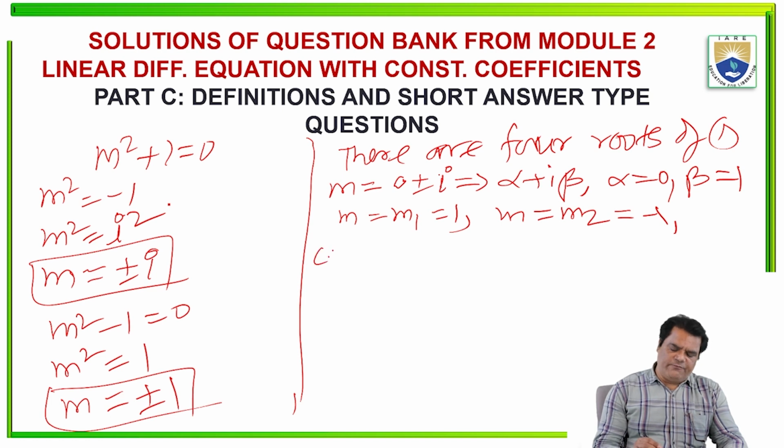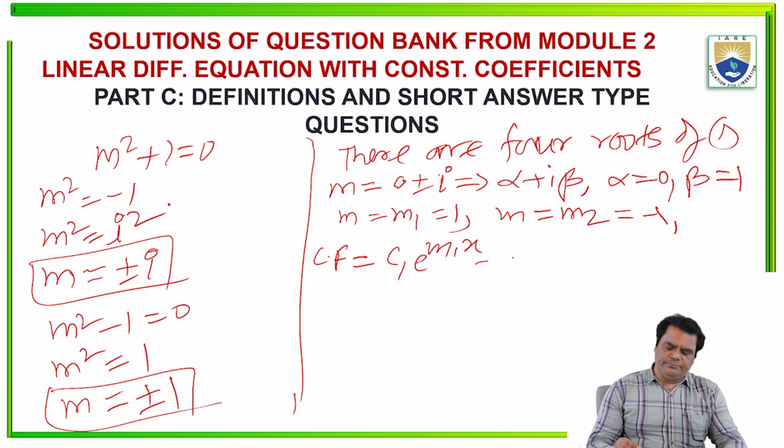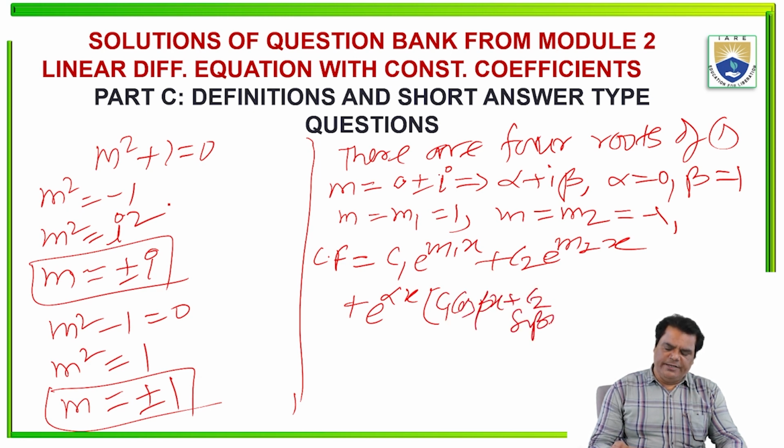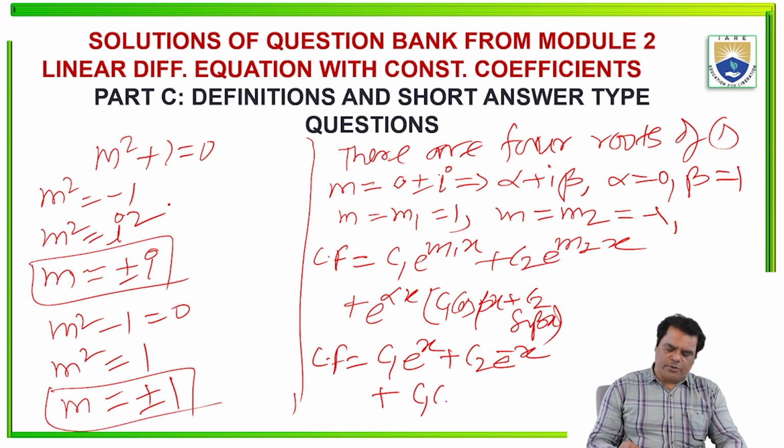So we apply the formula for CF: CF equal to C1 e to the power m1x plus C2 e to the power m2x, plus e to the power alpha x into C1 cos beta x plus C2 sin beta x. So CF equal to C1 e to the power x plus C2 e to the power minus x plus C1 cos x plus C2 sin x.